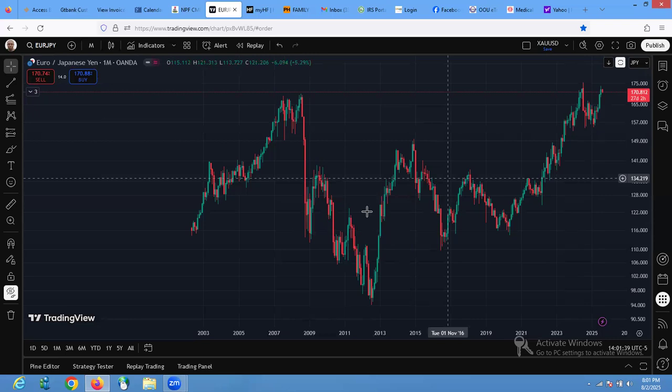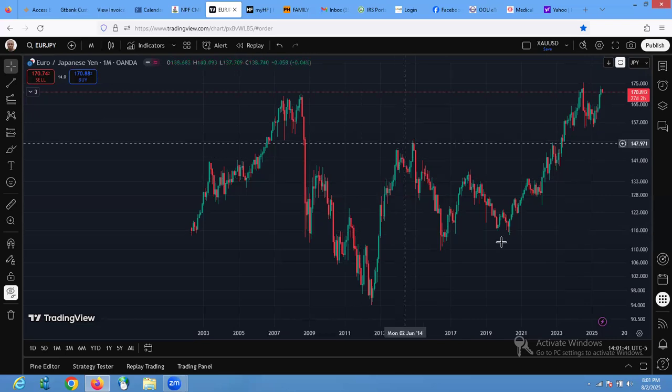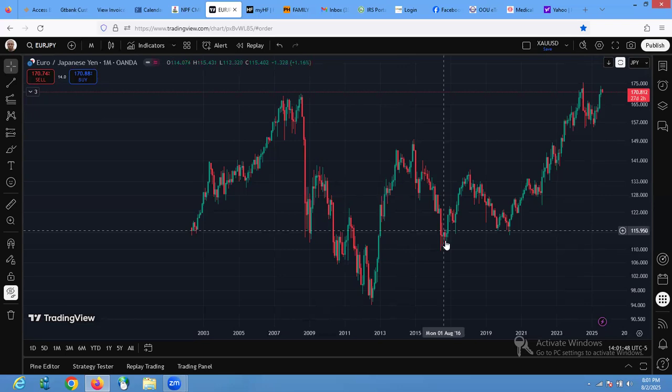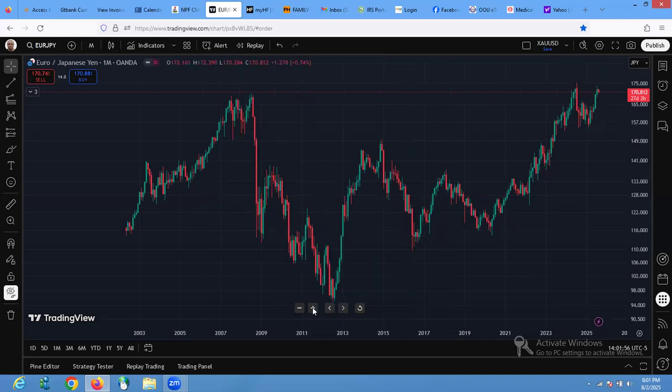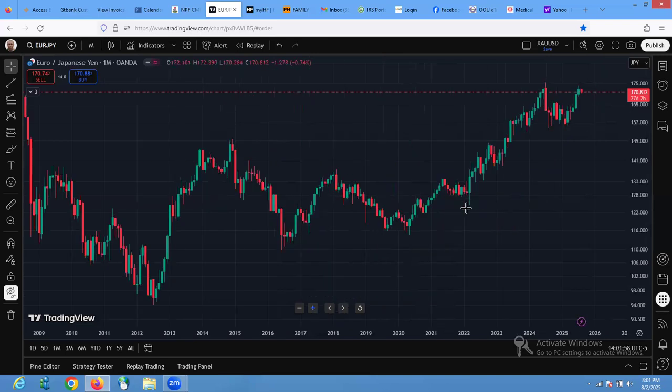So what I can see here, if this is an A and the middle here is a B down here, okay, from here to here is an A, from here to here, it's a B. So what I can see here is that within this wave itself to the upside, we are doing a 5 wave to the upside, and this is a wave 1, and this is a wave 2 here, and this is a wave 3.